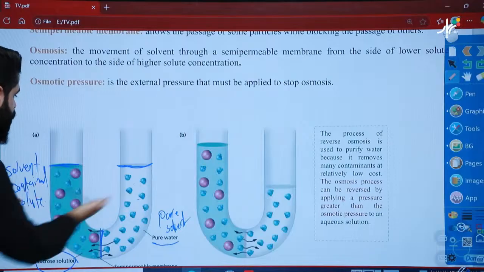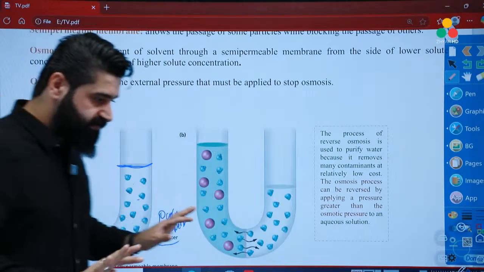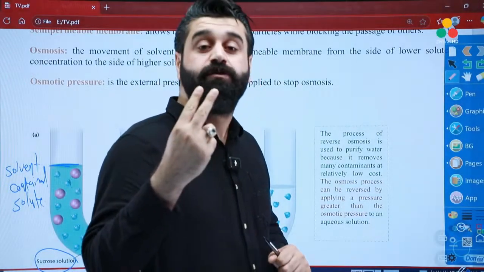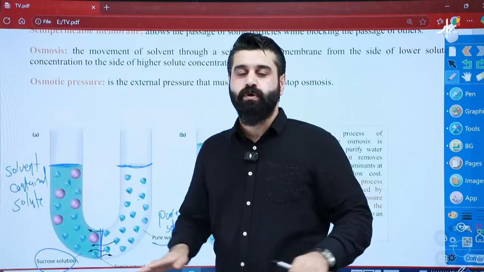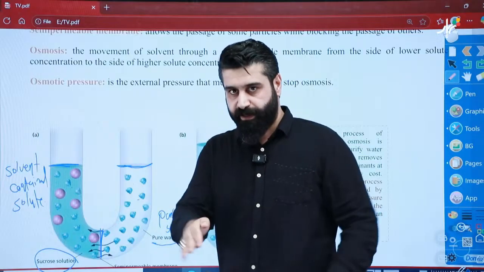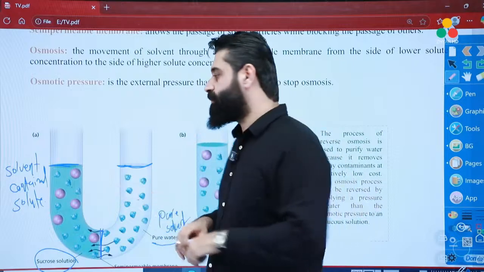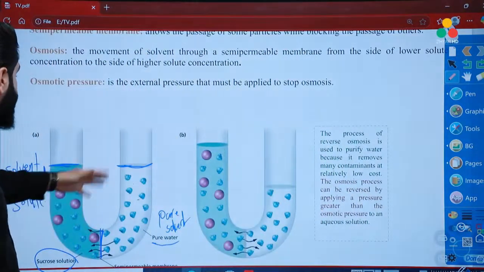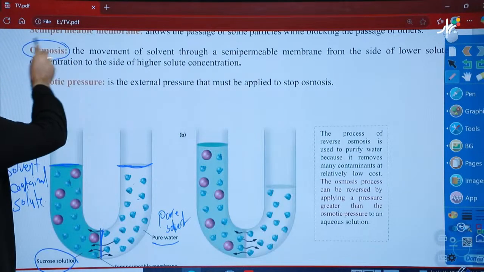It's okay to have two sucrose solutions, but one is more concentrated than the other. The point is, there must be two different concentrations with the membrane. These are the two important points for the process. There must be a semi-permeable membrane with two different concentrations, but the amounts are the same, no problem. Then, once we have these things equipped, it's time for the process, which is osmosis.